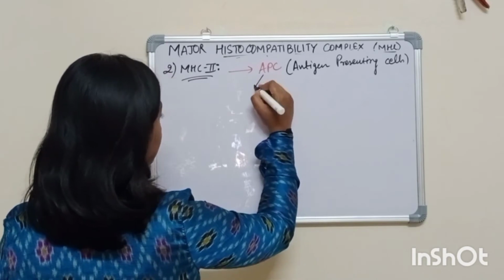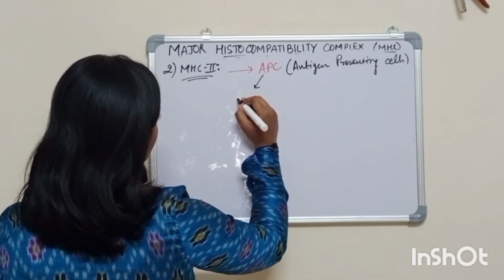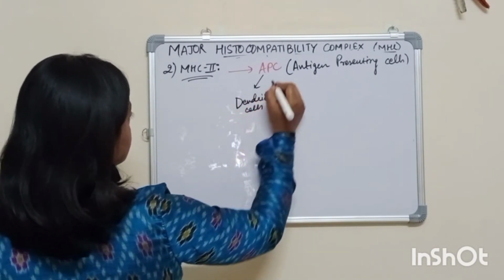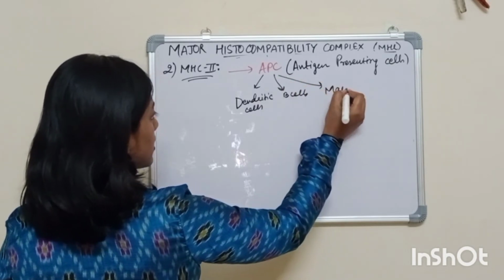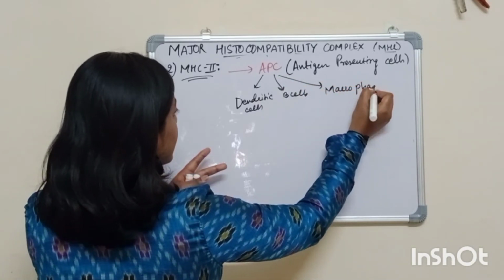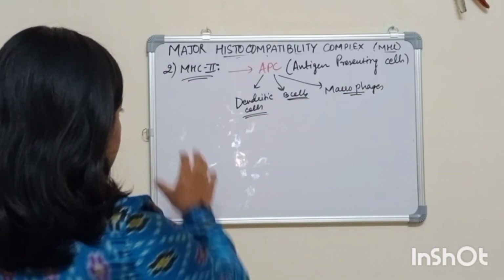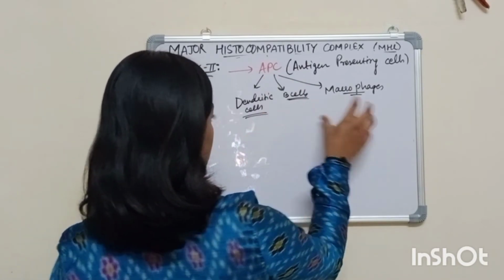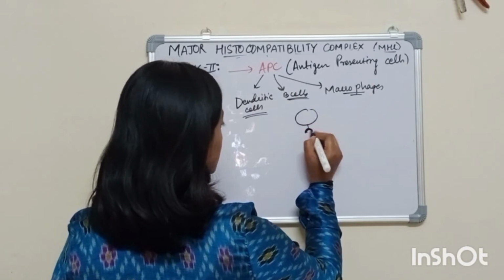APCs are dendritic cells, B cells and macrophages. These are the three cells known as APCs. MHC2 is present on the surface of these cells. Suppose this is a dendritic cell, B cell or macrophage, MHC2 will be present here.